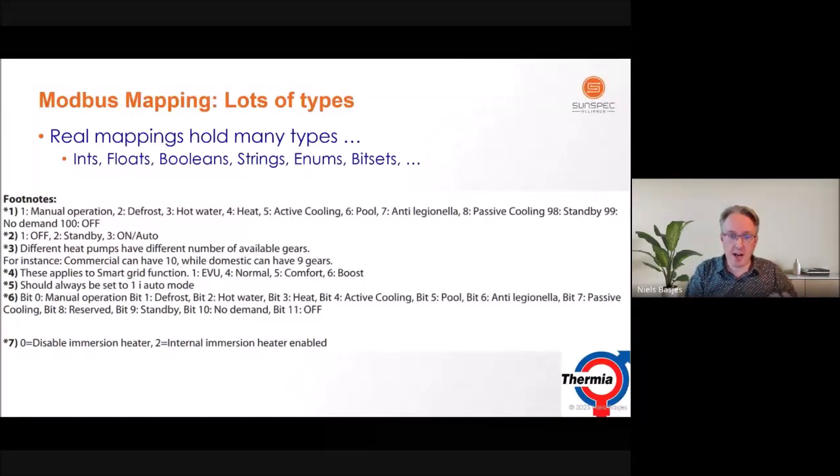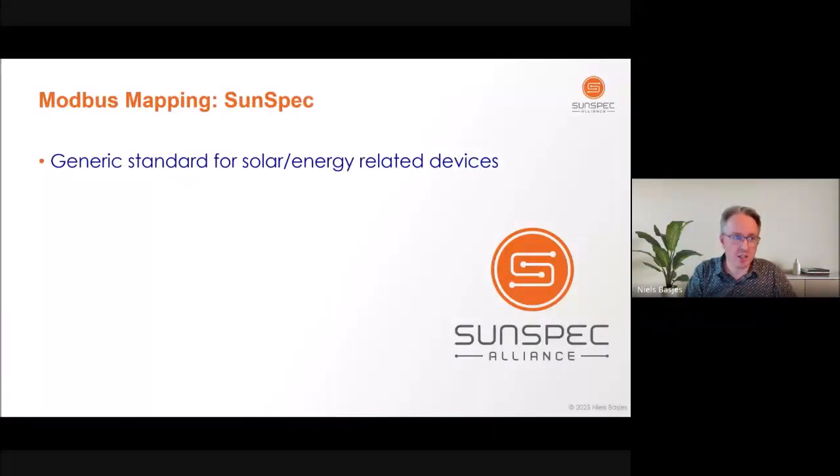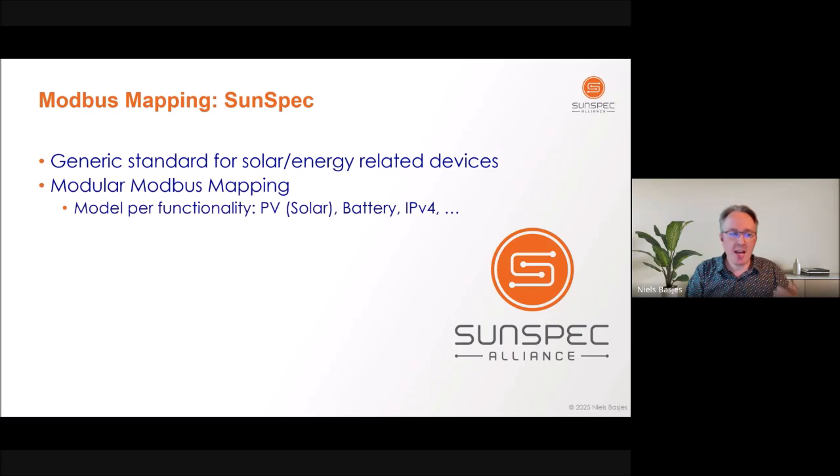And then the third one that I have is my SunSpec device. Now, SunSpec is in essence a generic standard for Modbus schema mapping for solar energy kind of devices. And they do that by making it a modular system. Each functionality, being a photovoltaic system, being a battery, having an IP address, things like that, all have a separate model.